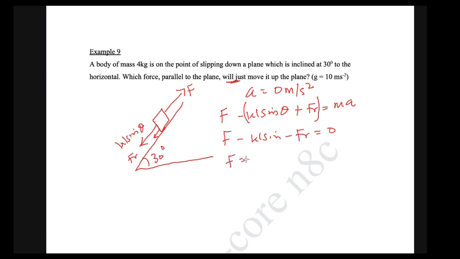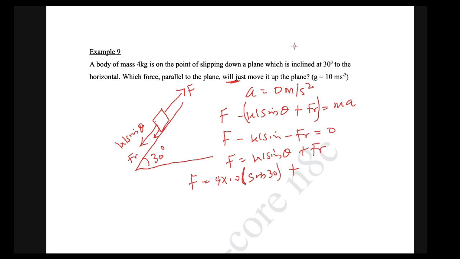Now your F is going to equal W sine theta plus Fr. So now F is going to equal, what is W? W is mg, so we're going to have 4 times 10 multiplied by sine 30 plus, what is Fr?